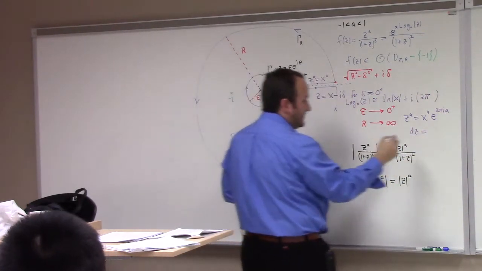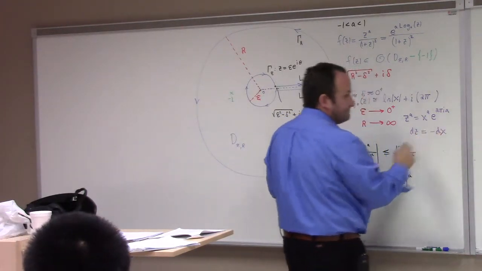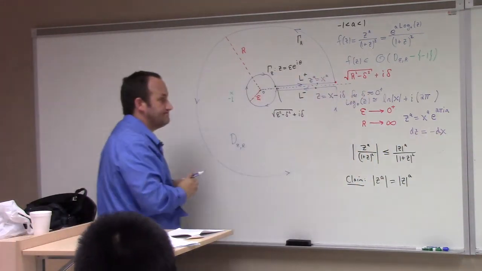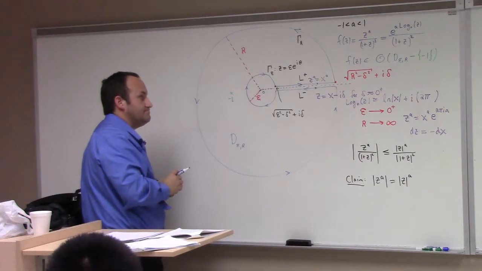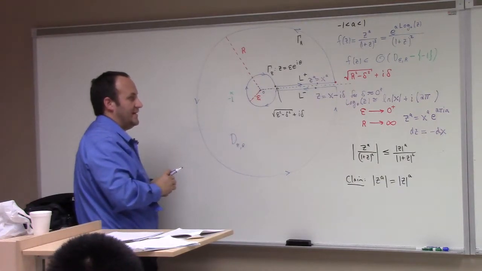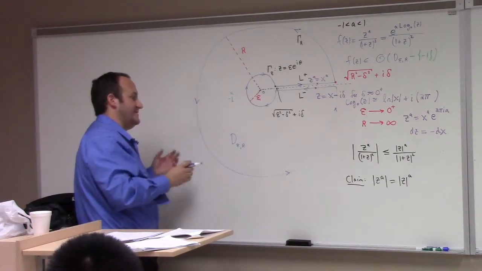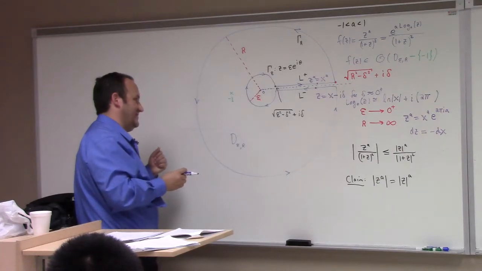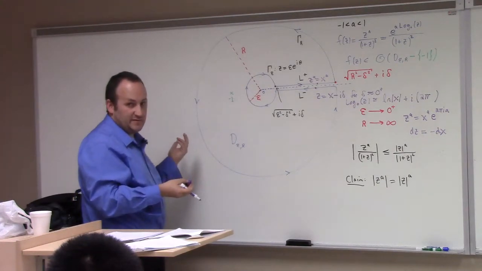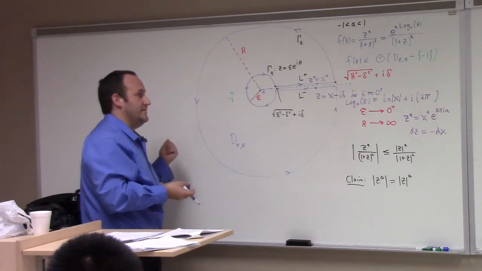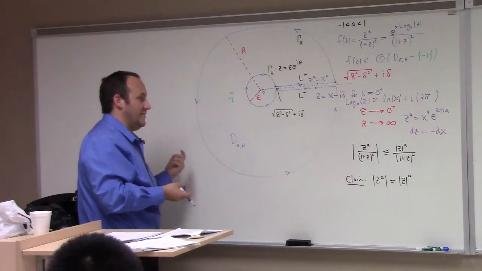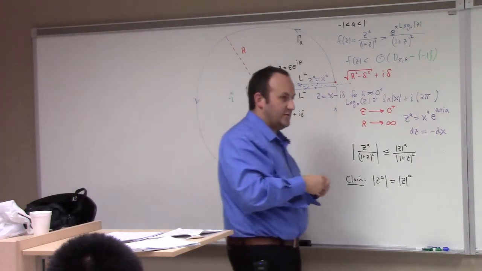It's minus dx. How do you want to parameterize L minus is the question.